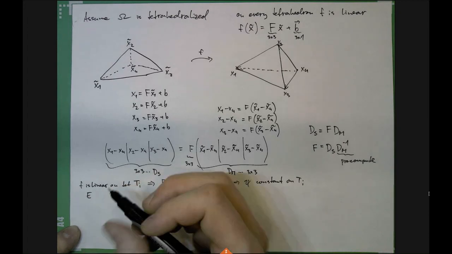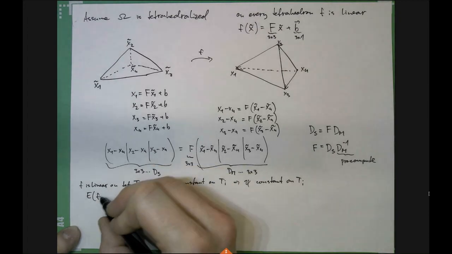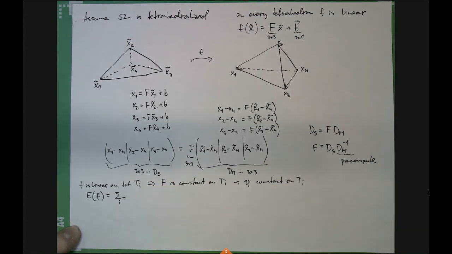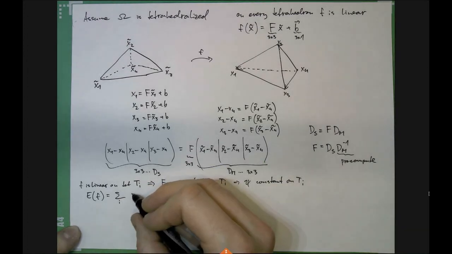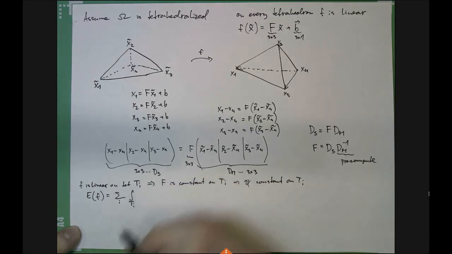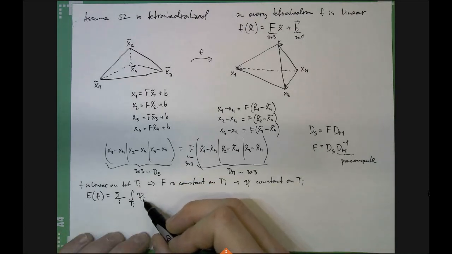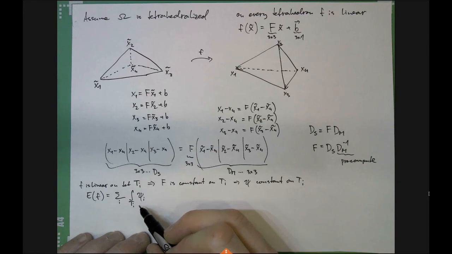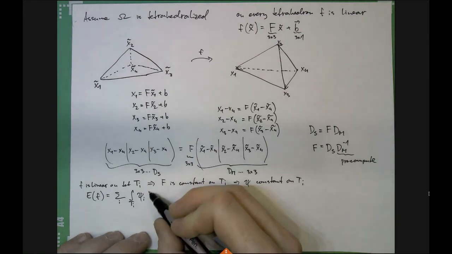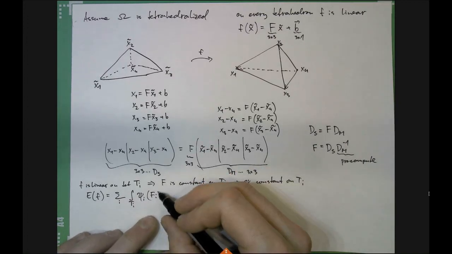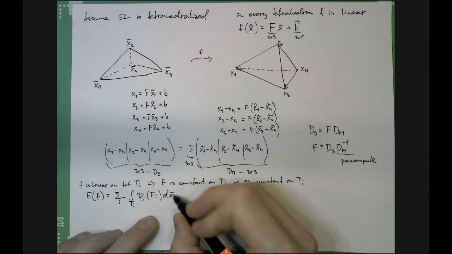And therefore I can write this. I can compute the total energy as summing over tetrahedra. So let's say that I index my tetrahedra, and this is the integral over tetrahedron Ti of my energy density function psi. The energy density function could in theory be different for every tetrahedron, right? So let's assume that. Let's say that the energy density function depends only on the deformation gradient. That's the typical case. And I integrate over the rest pose.